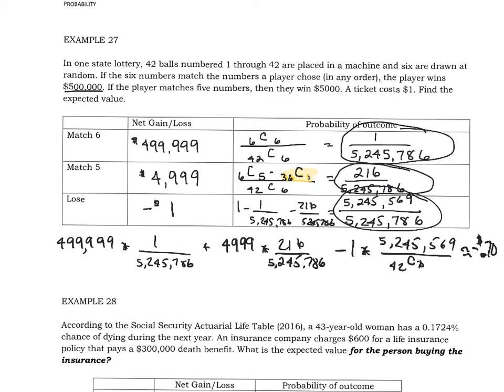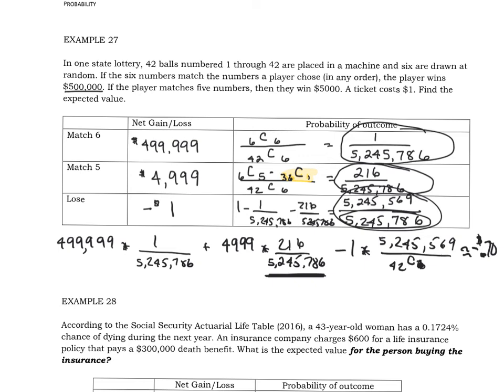I just wrote this down here to show you that there's all kinds of ways to mess up when you're putting that in your calculator. And I basically typed the 42C6 when I was putting that in my calculator because it was fewer keystrokes. So that's up to you. Remember, that is that denominator.